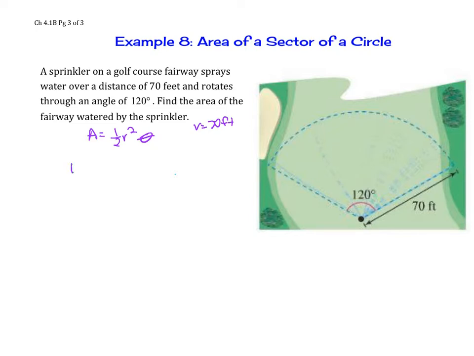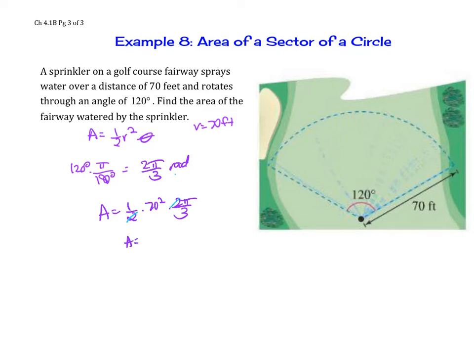Currently we have it in degrees, and we remember that we have to have it in radians. So we multiply by pi over 180 degrees. When we convert it, that is going to be 2 pi over 3 radians. Now we can use the formula: A equals 1/2 times the radius, 70 squared, times 2 pi over 3. Let's see what I can cancel out. The 2 can cancel the 2.